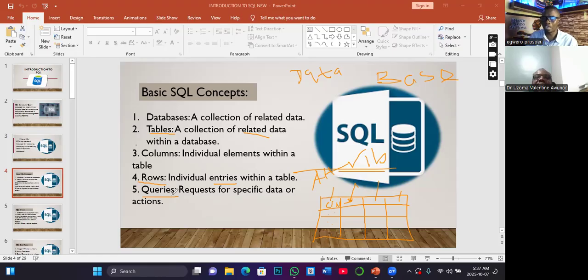So you cannot claim that you can use SQL to analyze data without understanding how to write a query. So what does the word query mean? It means a request for specific data or action, like I've explained before. I hope that is clear also, sir.